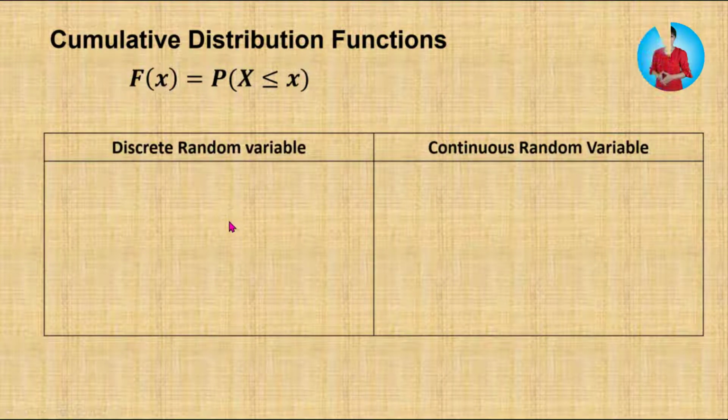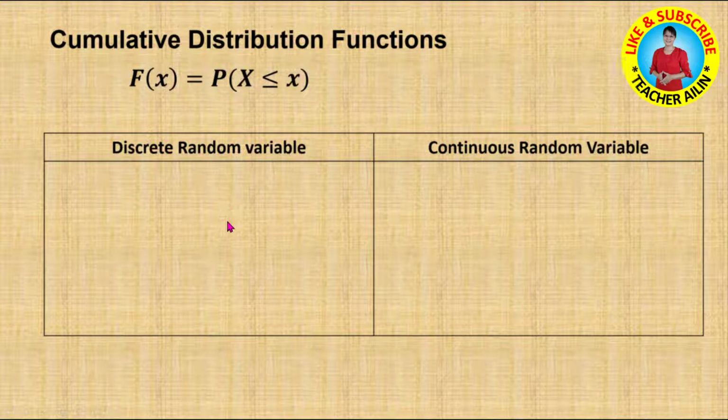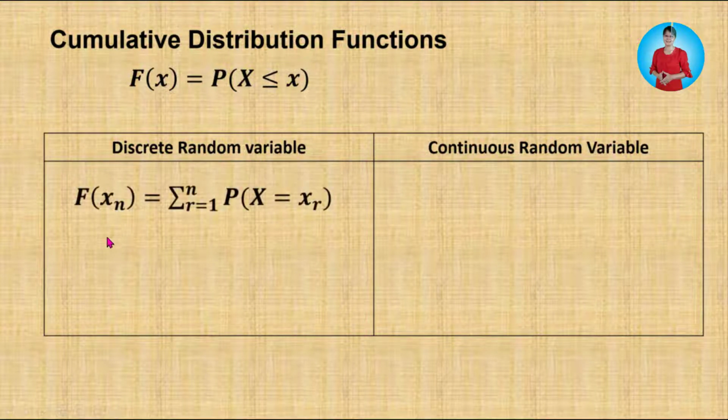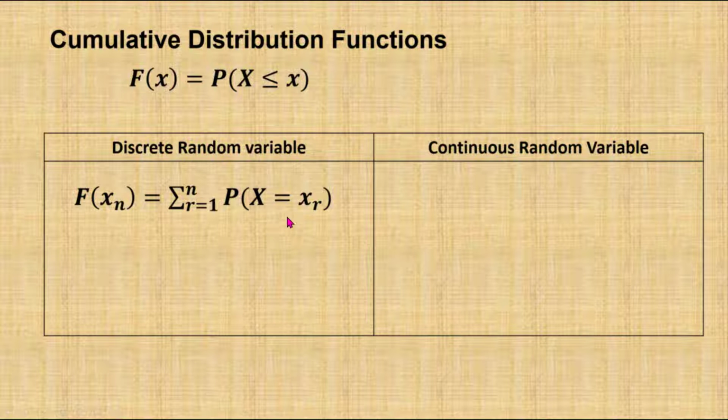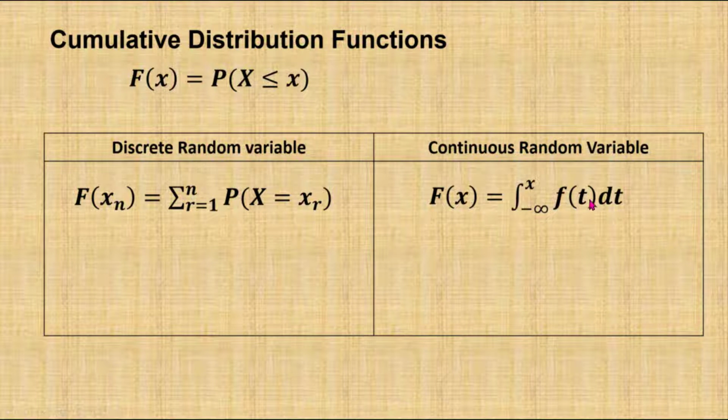The cumulative distribution function F(x) for a discrete random variable is equal to the sum of all the probabilities less than or equal to x. For a continuous random variable, it is equal to the area under the probability density function before x.